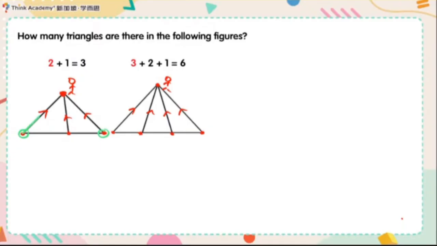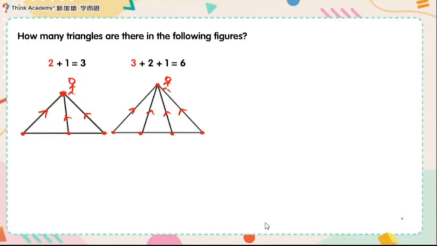Today's tablet is a bit wonky. If you do like this, then you can form a triangle. So any pair of points that you choose, you can form a triangle by shooting them up to the same peak. So this question now becomes how many pairs of points that you can select.